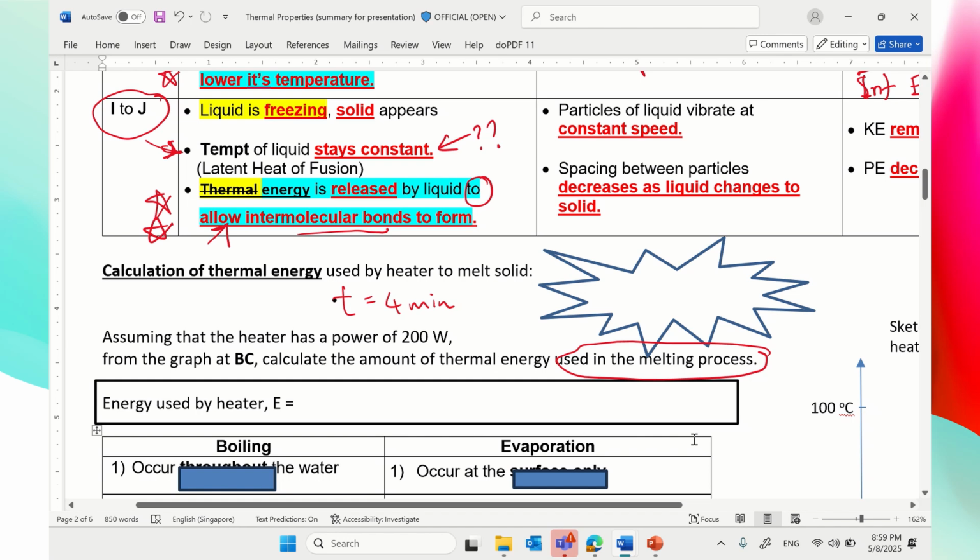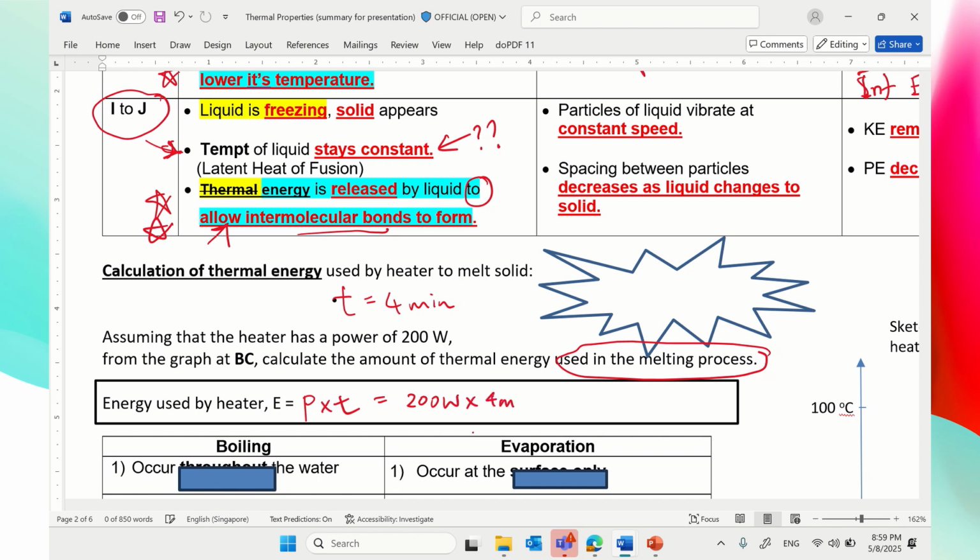Again, assuming that the system is ideal, the energy given out by the heater is all absorbed by the solid during the melting. I would therefore calculate using this formula: energy used by the heater is E equal P times T. So E equal P times T, meaning 200 watt times the 4 minutes.